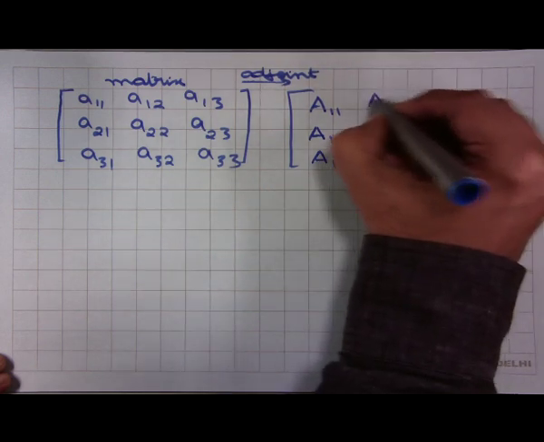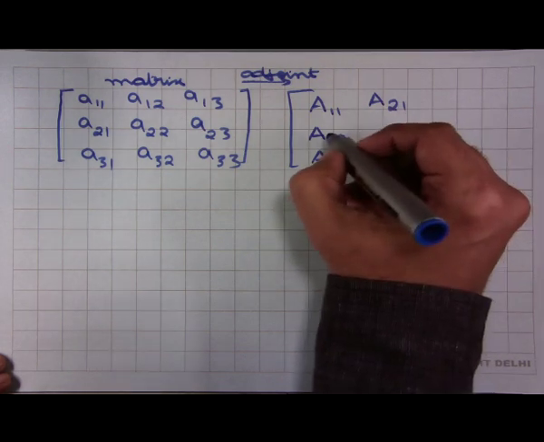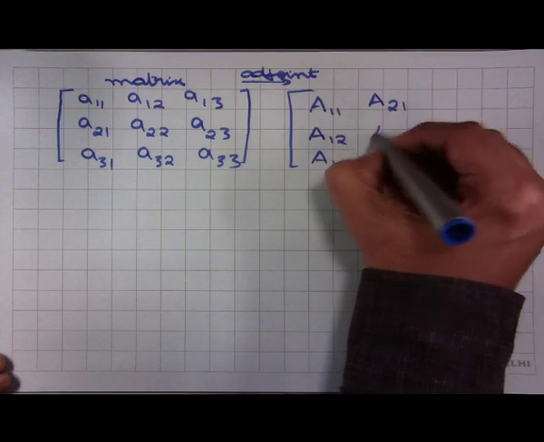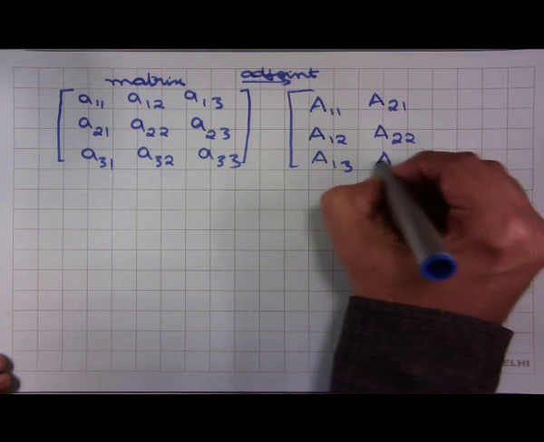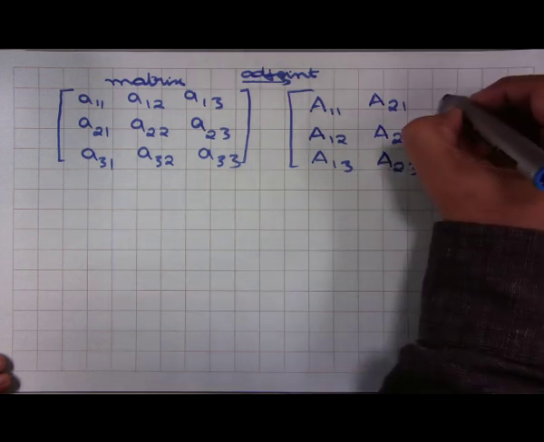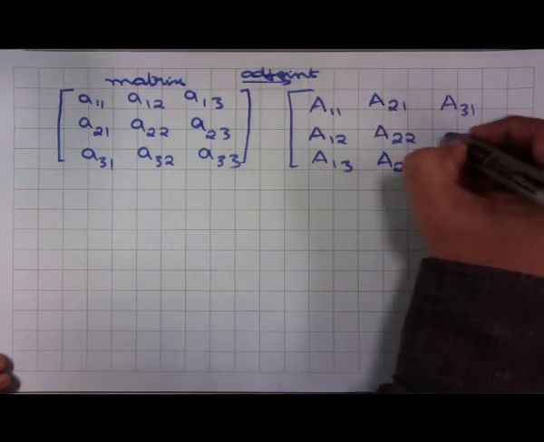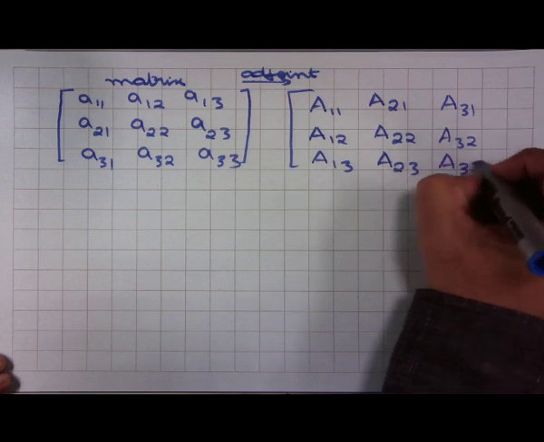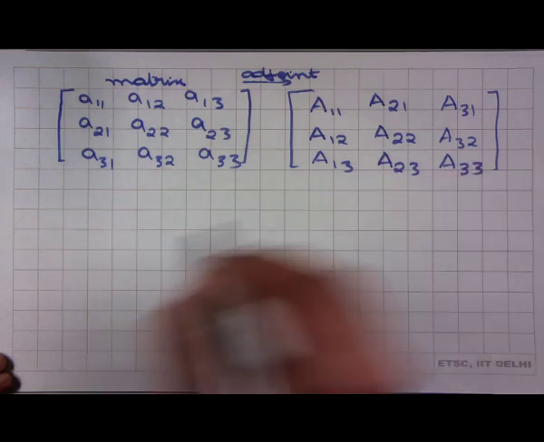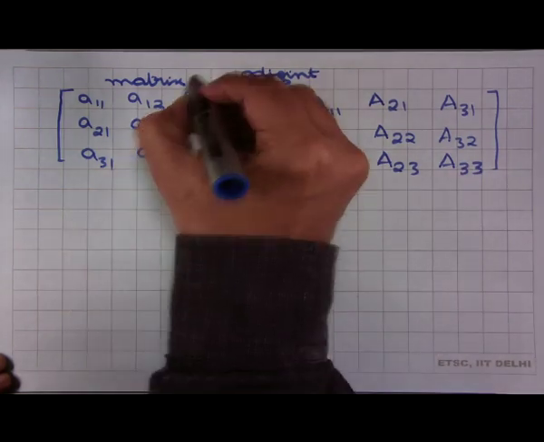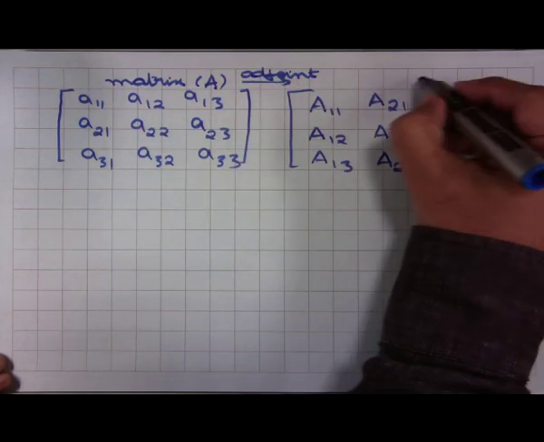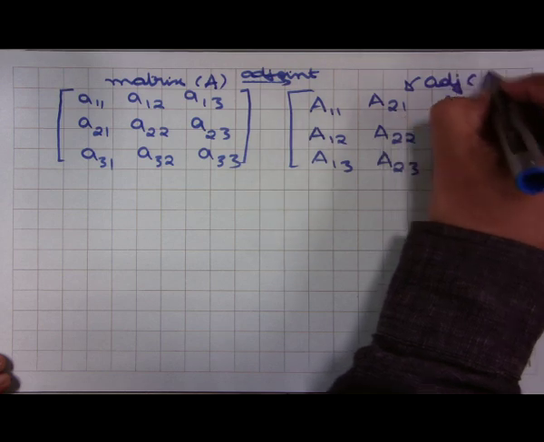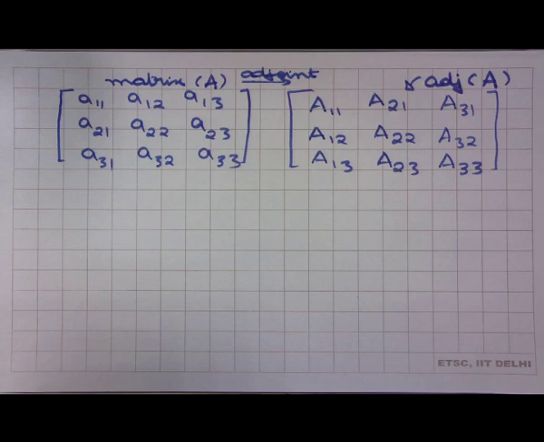Same here would be A21, because we are replacing the element here with the cofactor and then taking the transpose, and then A22, A23. Same over here, this would be A31, A32 and then A33. All right. So, this is the adjoint. If you call this matrix A, then this will be denoted by adjoint of A.